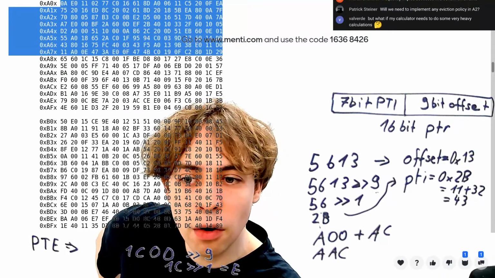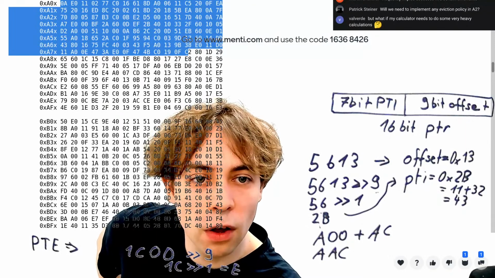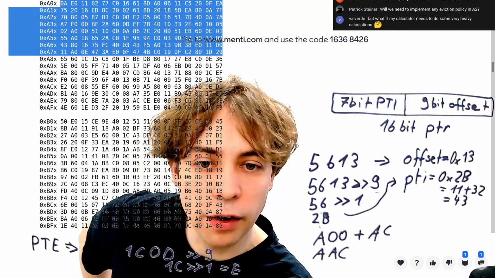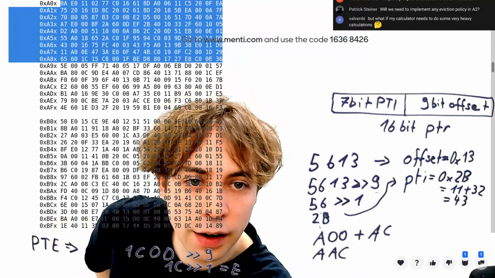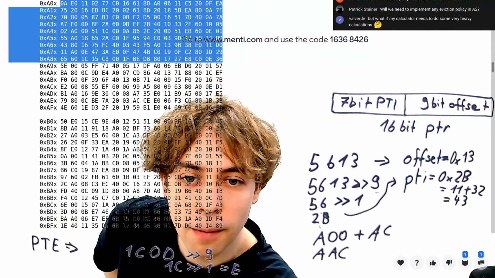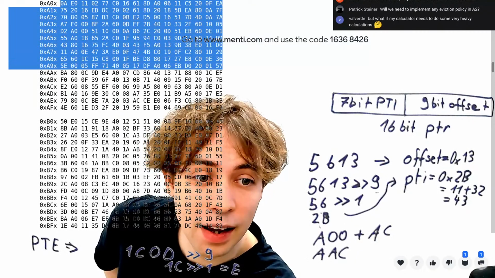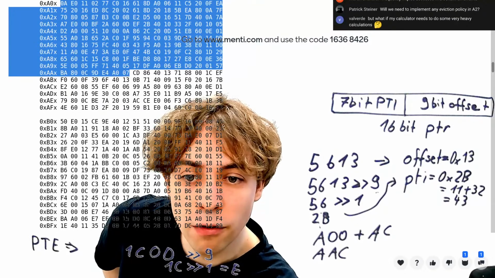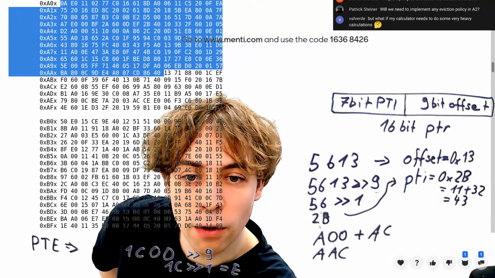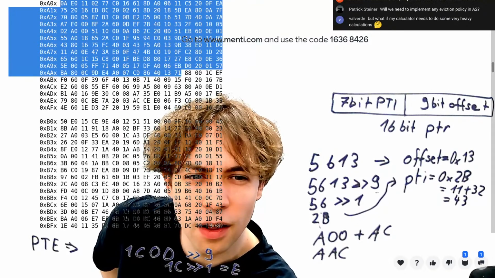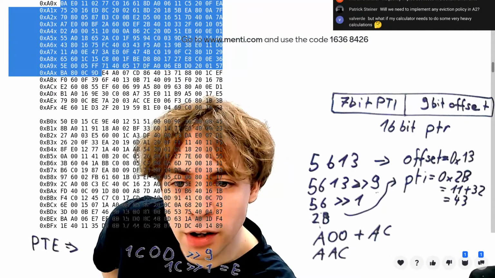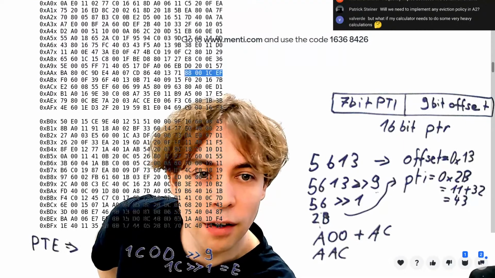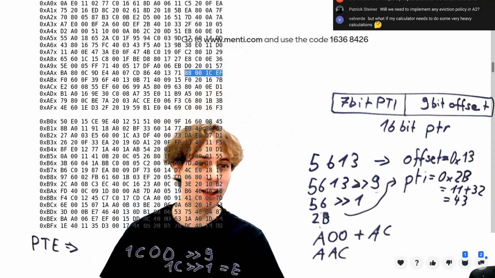Then we are at offset, so this would be 31. Okay, 31, 35, 39, 40, 41, 42, and there we are, 43.